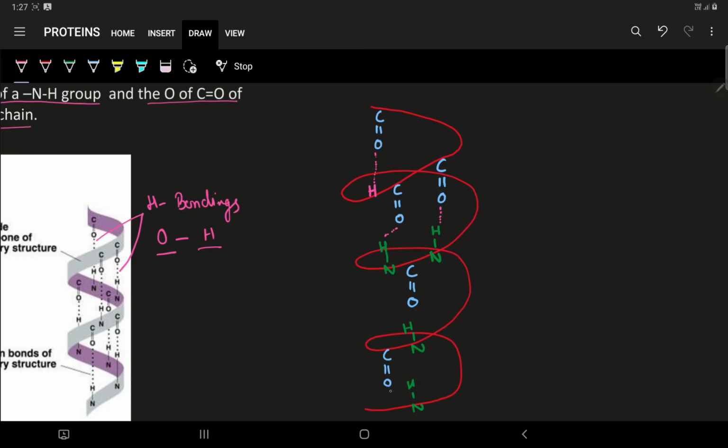Now we shall be drawing the H bondings, how these are formed. See here. These are the hydrogen bondings. These gave rise to an alpha helix structure. This is the alpha helix of a peptide chain.